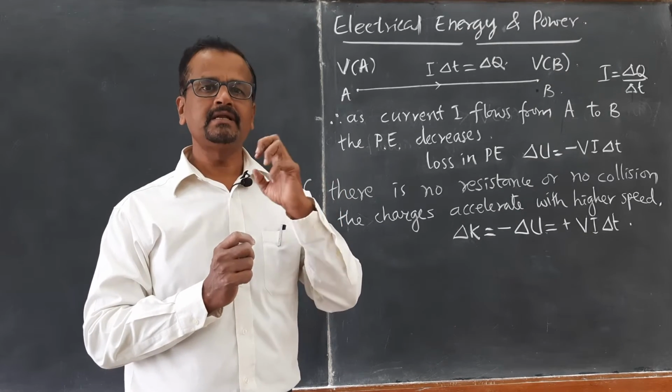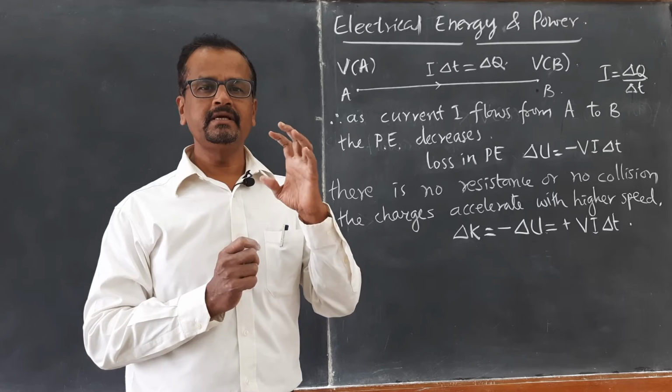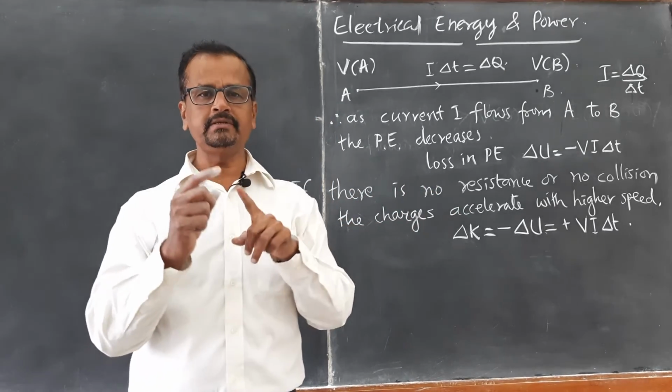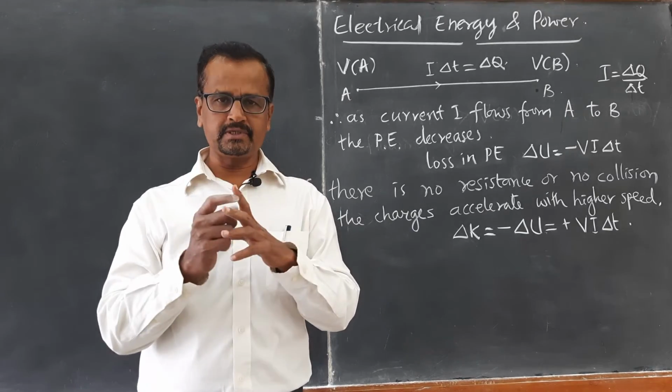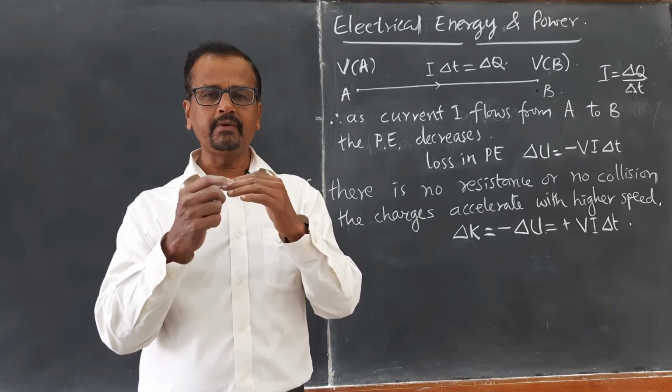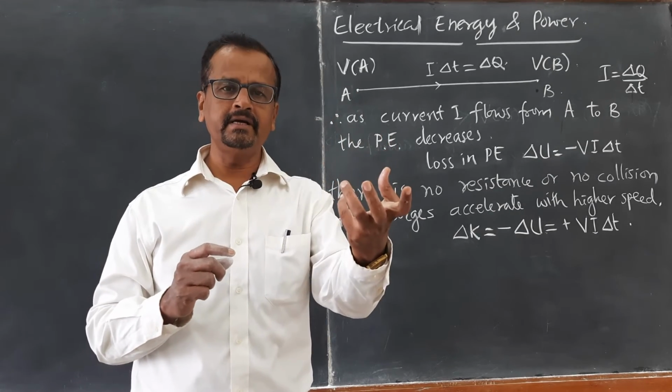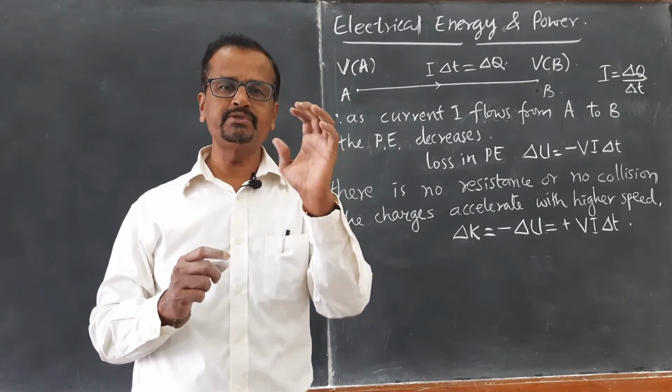The reason is the number of collisions the particles undergo. The charged particles undergo collisions with ions and atoms, as a result of which whatever the gain in kinetic energy is there, that is imparted to the atoms and ions.